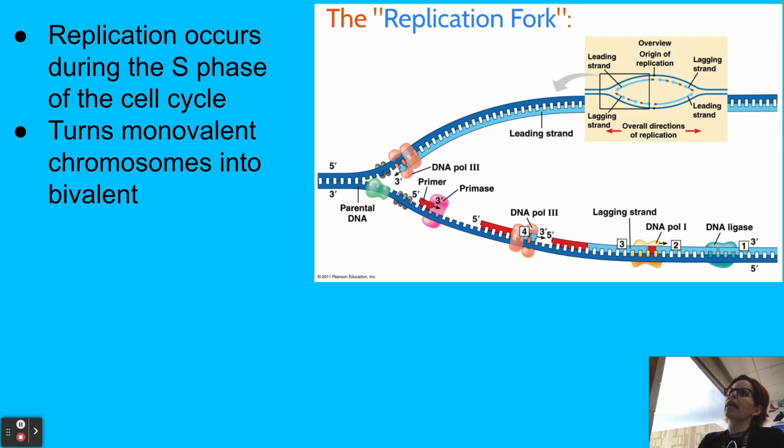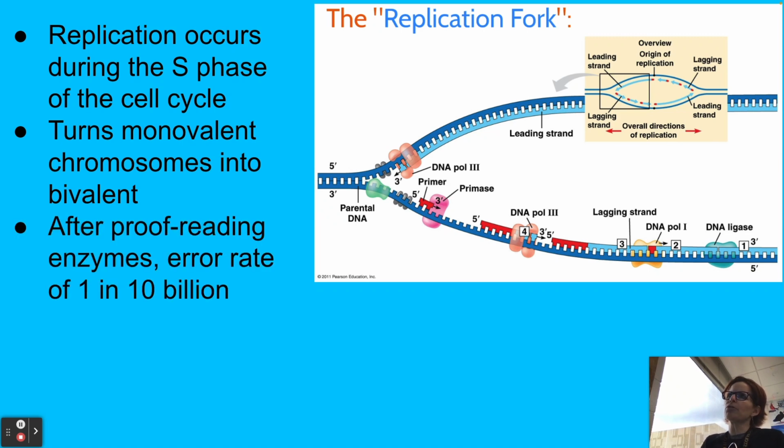So it occurs during the S phase, turns monovalent chromosomes into bivalent. After proofreading, remember that we have enzymes whose job it is to go back and fix things. So after those enzymes have proofread your replicated DNA, the error rate is like 1 in 10 billion.